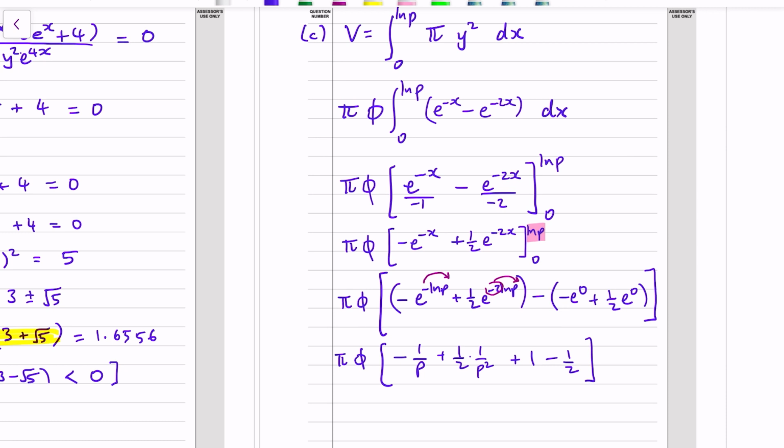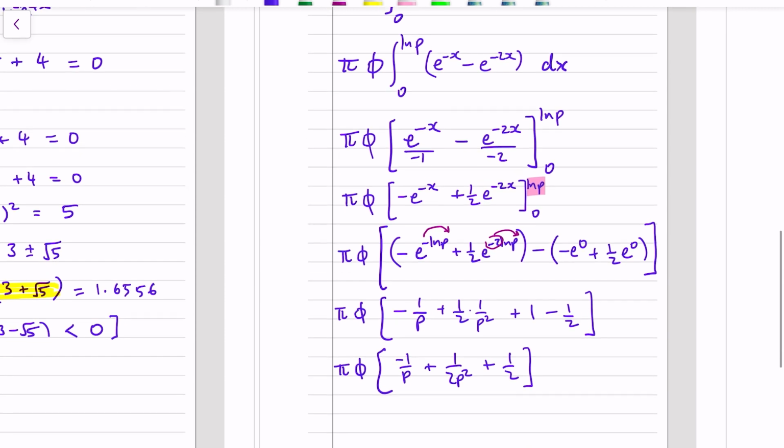Okay, tidying all of this stuff up. We've got minus 1 over p plus 1 over 2p squared plus a half. Now I'm going to pull a p and I'm going to pull a 2 out of the brackets in the denominator.